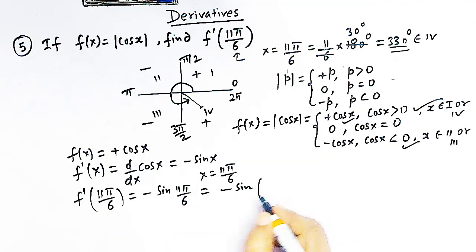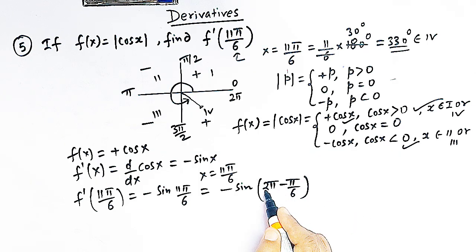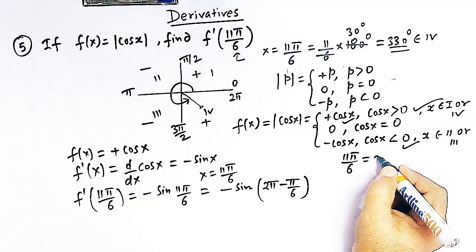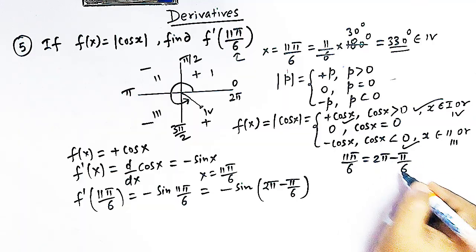So we can now write 11 pi by 6 as 2 pi minus pi over 6, right? Because 6 times 2 is 12, so 12 pi minus pi is 11 pi, and this is 11 pi over 6, right? So 11 pi over 6 can be written as 2 pi minus pi over 6.